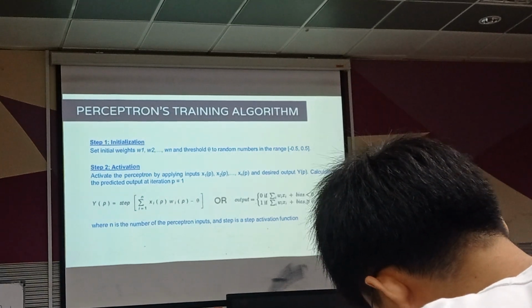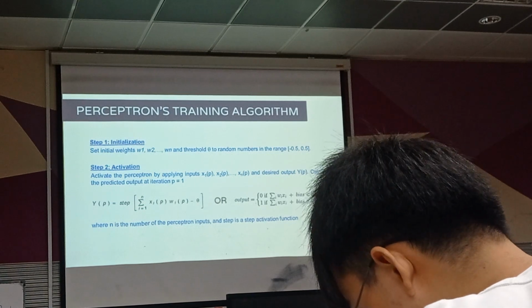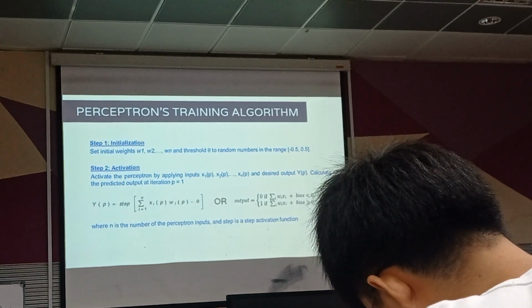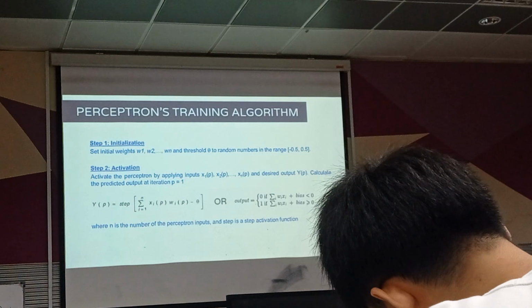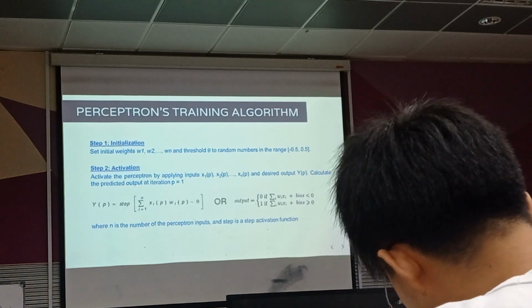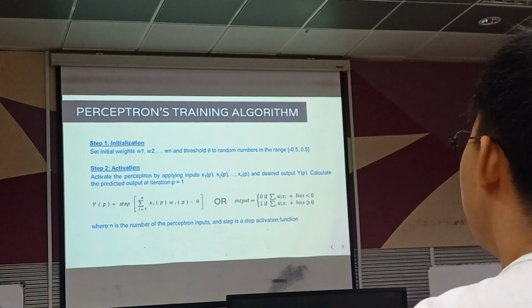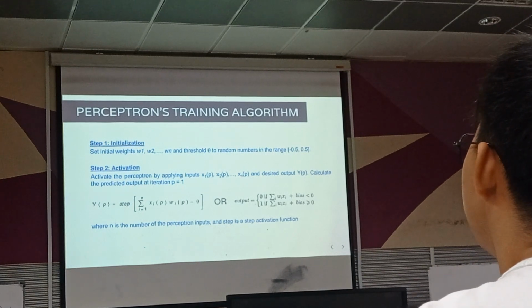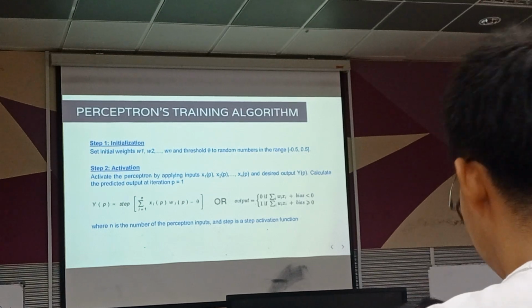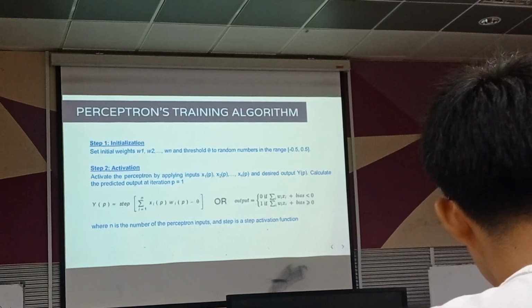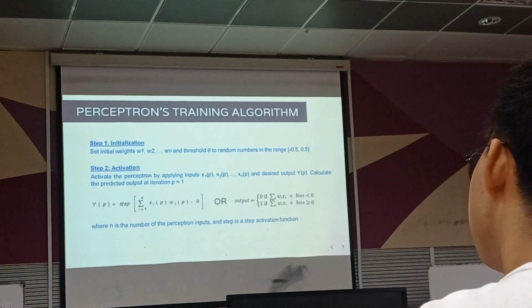So look at this equation. What the step function says is, if your weighted sum is more than the threshold value, then we assign 1. If it is less than the threshold value, assign 0.